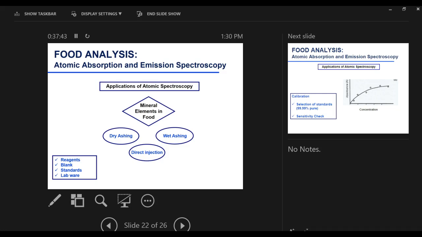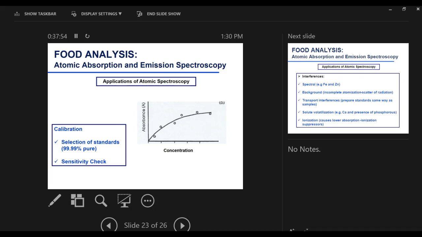Standards are important because we need standards to calibrate so that you can measure concentration in your unknown samples. Standards are usually very pure, 99.99% purity, and we run standards ahead of time to determine linearity.